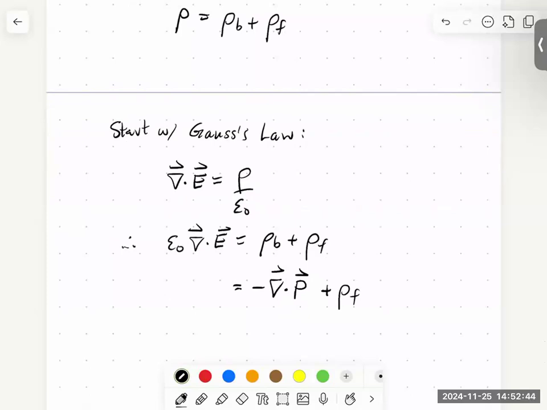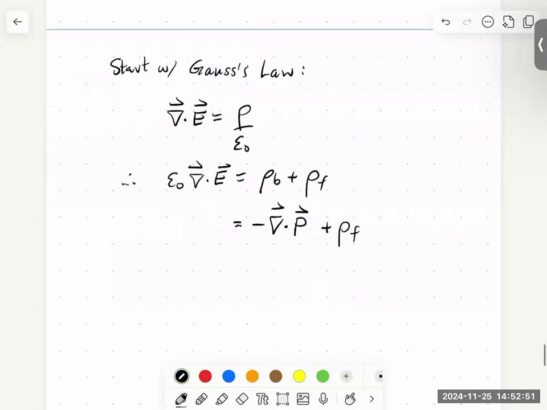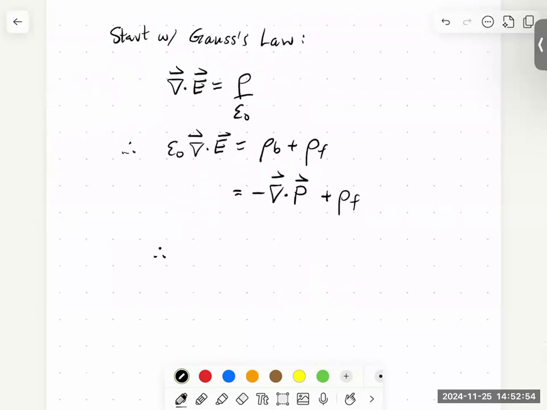Because we have the divergence on both sides, it's traditional to combine those two terms. And so if we move this to the other side, we could say the divergence of epsilon naught times E plus the polarization is equal to this rho F. You can see if the polarization is 0, then we recover the original Gauss's law.